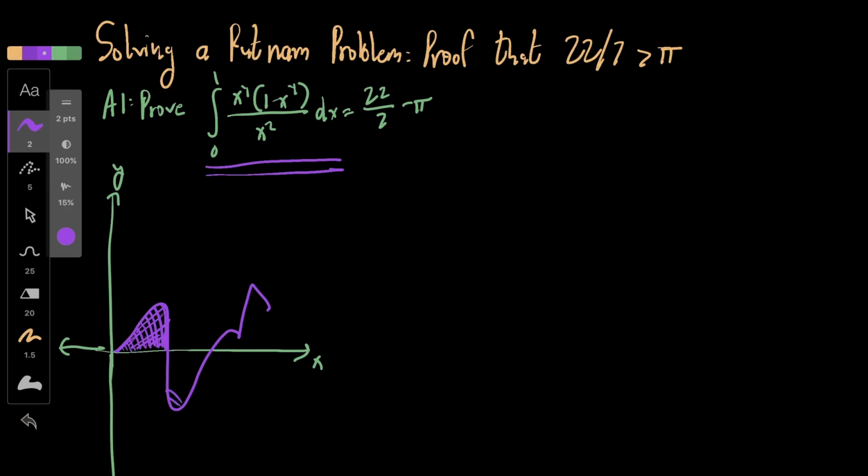But this area, which is underneath the x-axis, produces negative terms to the integral. So, if the integral from this region was positive, we would have to show that this function is positive for all x between 0 and 1. So then you would know that if the y is positive, that means this area over here has to be positive. So let's show that this function is positive.